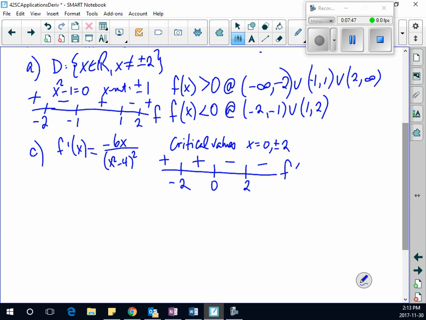Okay, so what's happening at -2, where it goes from positive to positive? This means it's increasing, but how come it's not changing?